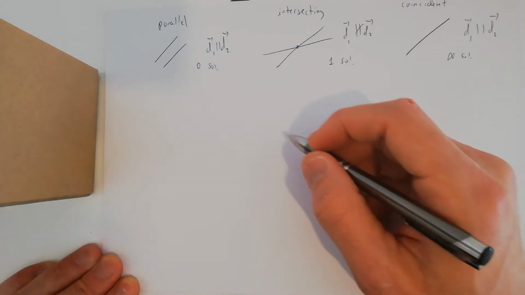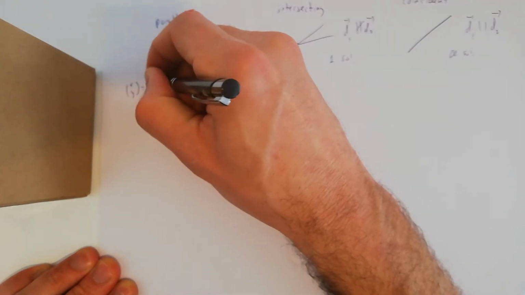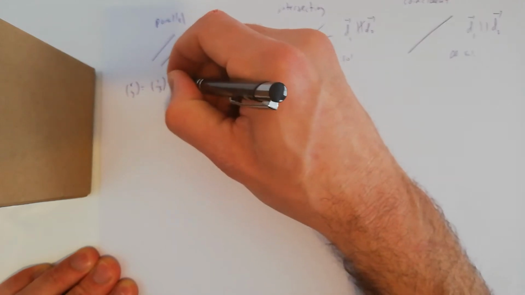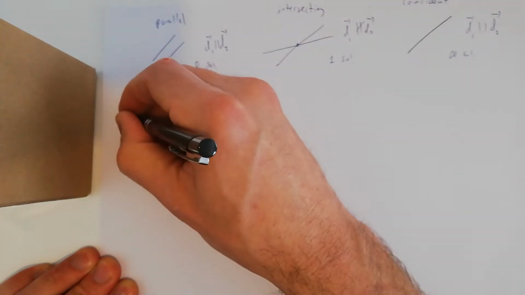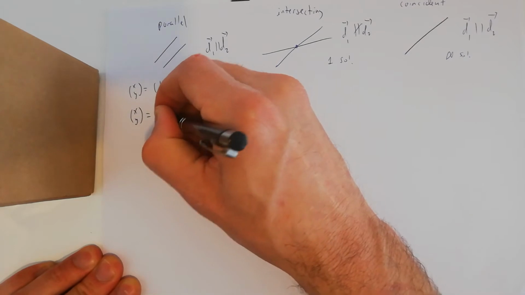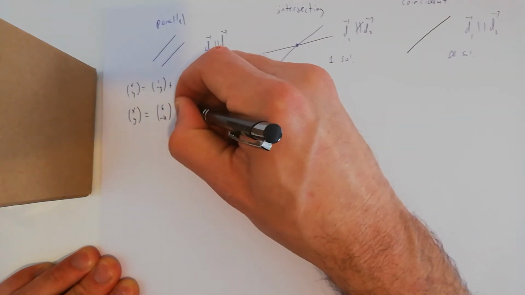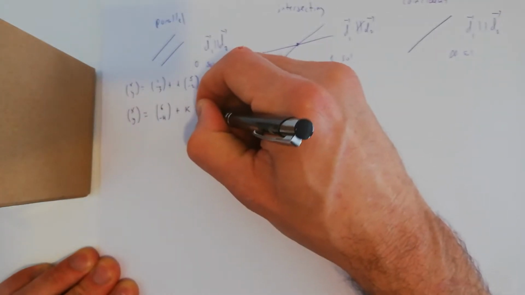So first of all, for example, if we have the line (x,y) equals (1,-3) plus t(5,-2), and another line (x,y) equals (6,-4) plus k(10,-4).